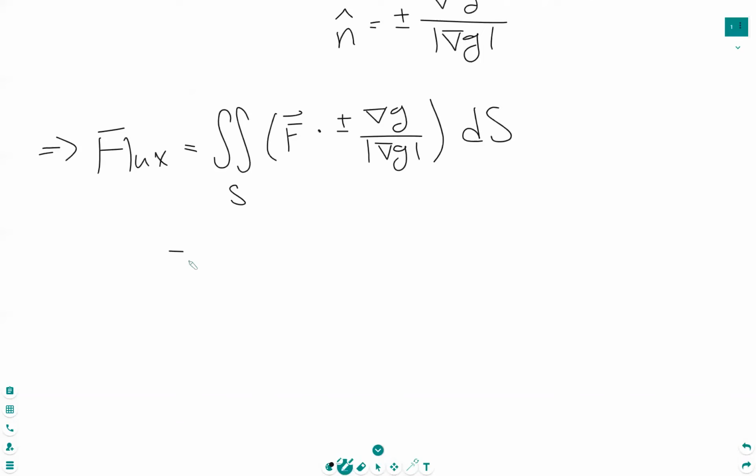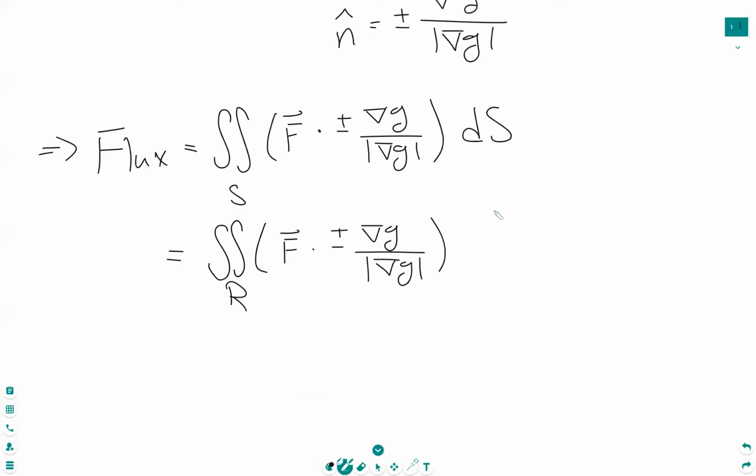So this will equal our area integral over the projection R of F dotted with plus or minus grad G over the magnitude of grad G. And our dS to dA is the magnitude of grad G over the absolute value of grad G dotted with the direction that we're projecting in, this P vector, dA. Well, now the denominator here and the numerator here end up canceling.